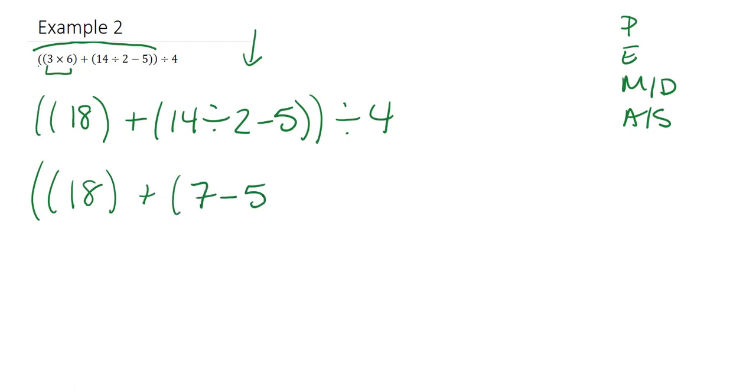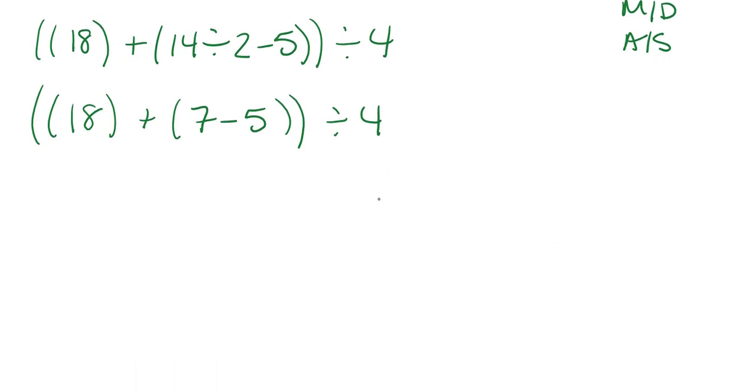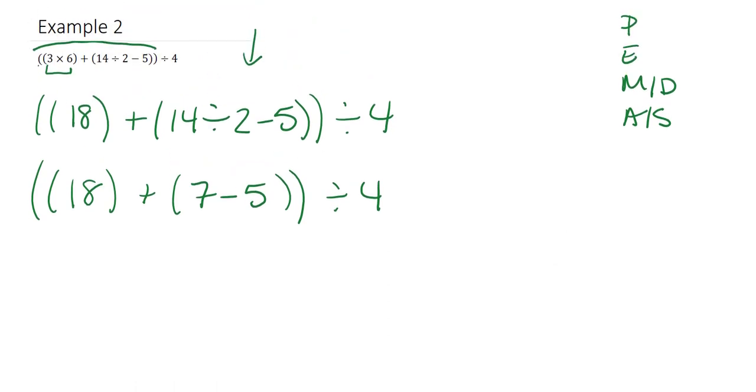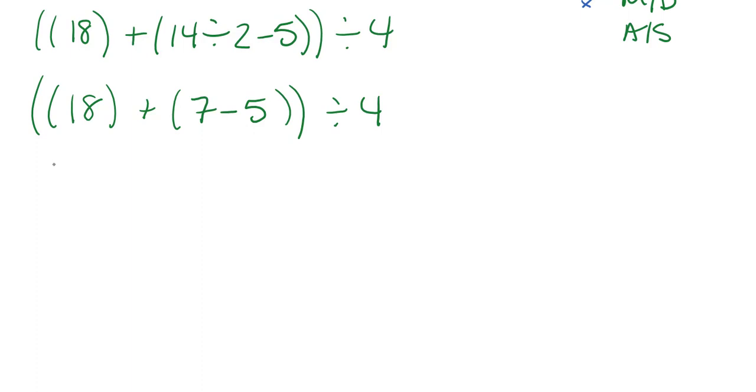And then we just have this minus 5. We've dealt with the divide, now we need to subtract. So we have 18 plus 7 minus 5, so that's 2.